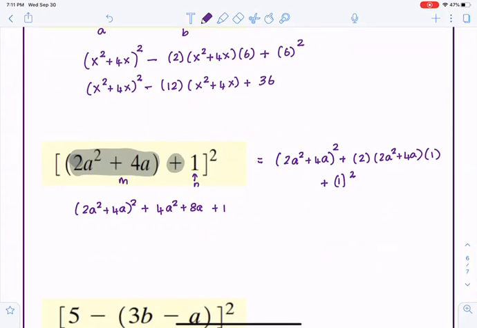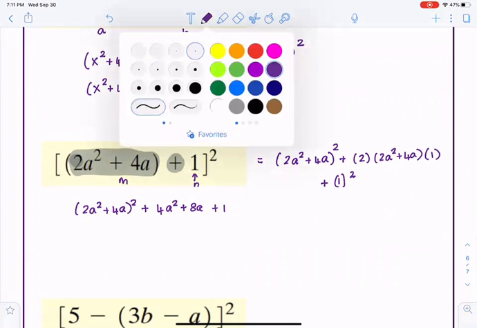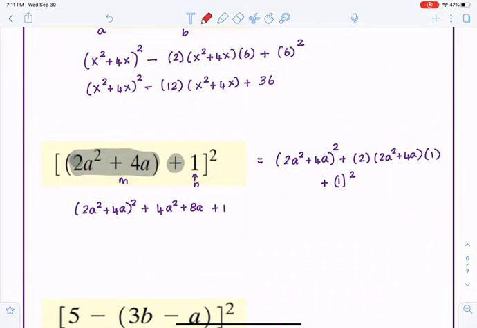Now, a common mistake, and I believe most students will make this mistake, put it as a caution, writing (2A squared plus 4A) squared as 4A raised 4 plus 16A squared.